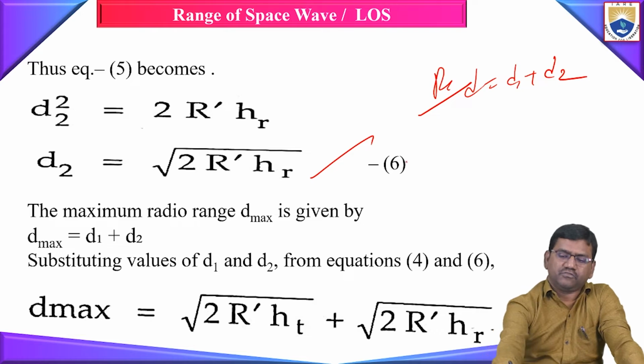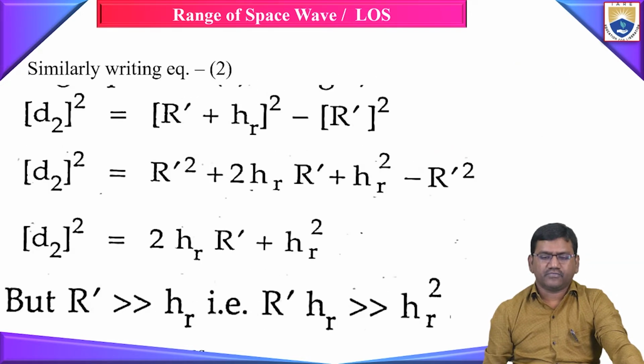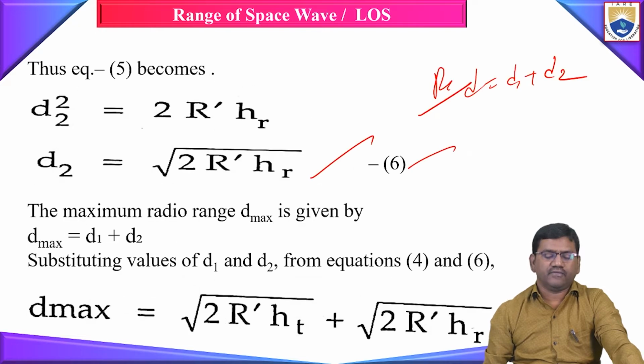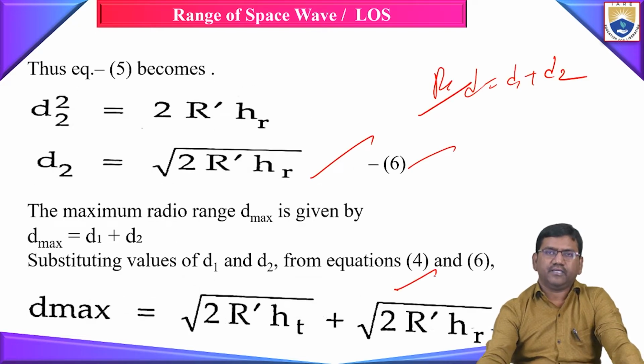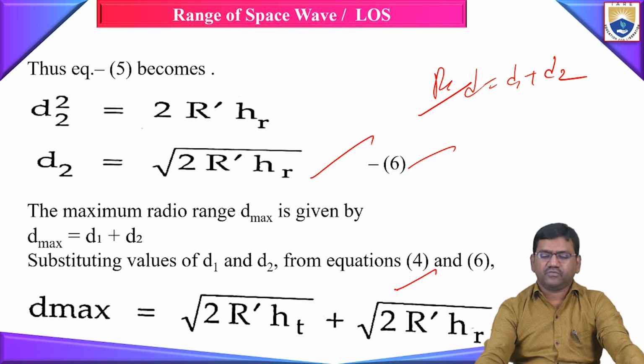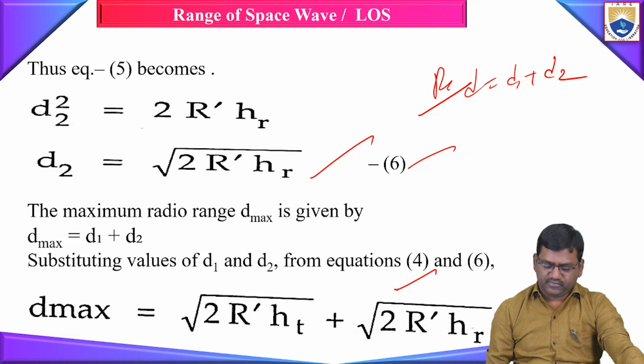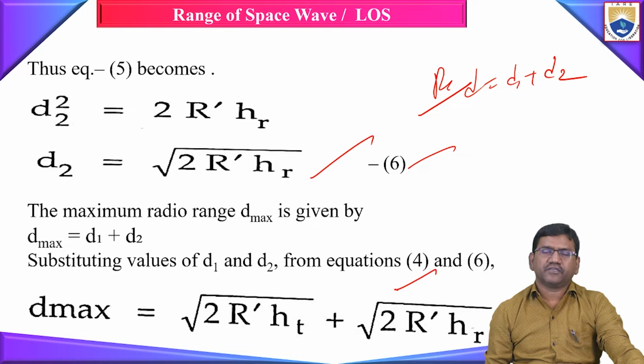So, let us substitute these two values, equation 4 and equation 6, in this equation for D max. If you substitute, you will get root of 2 R dash HT plus root of 2 R dash HR, where R dash is the radius of the curved surface of the earth, or the effective radius of the earth.